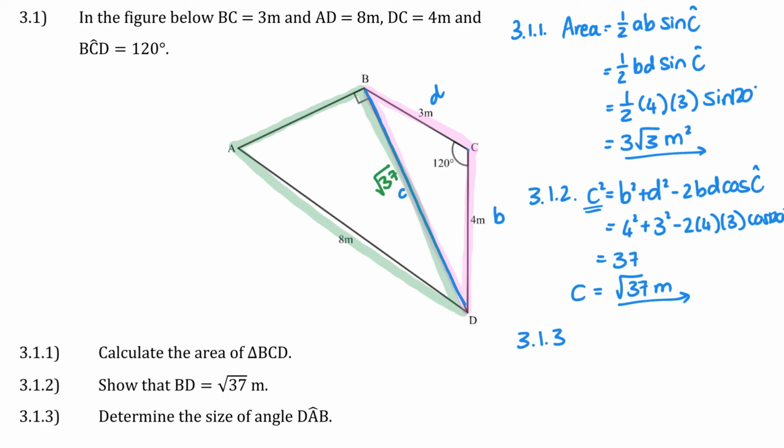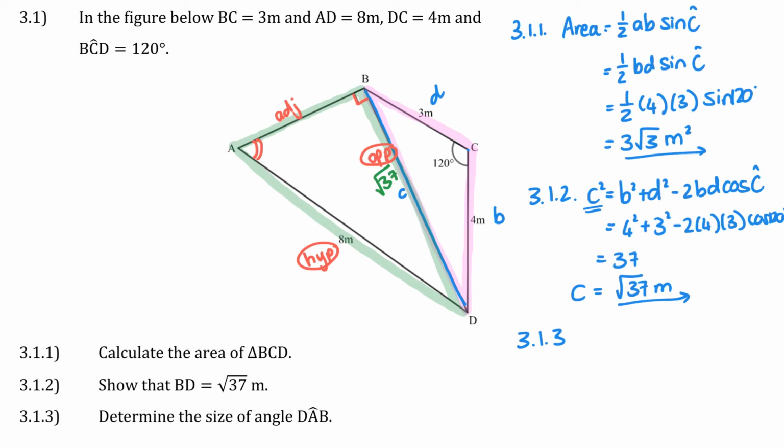Now, since B is 90 degrees, I can use the ratios instead of using the sine, cosine, or area rules. So I want angle A. According to angle A, AB is adjacent, AD is the hypotenuse, and BD is opposite. So what I have is opposite and hypotenuse.